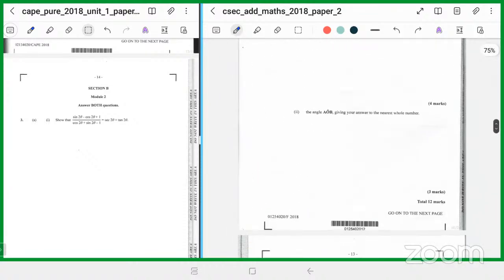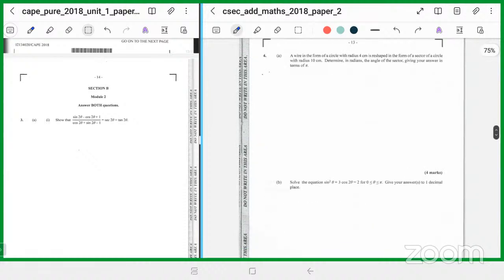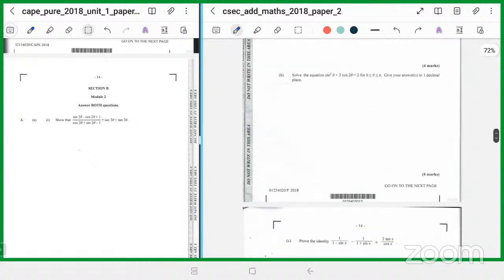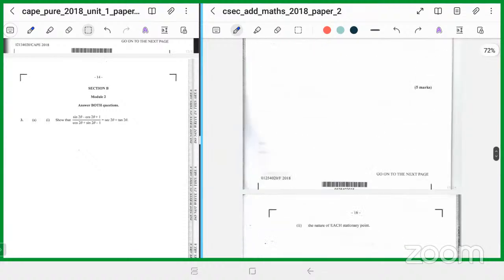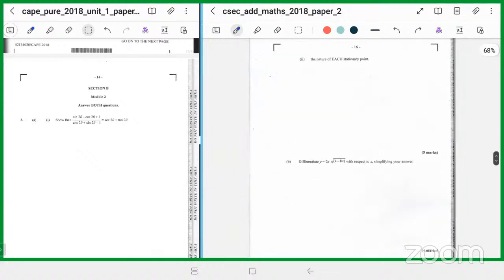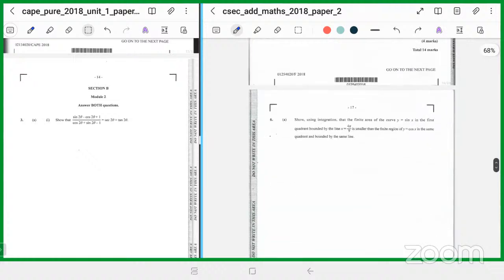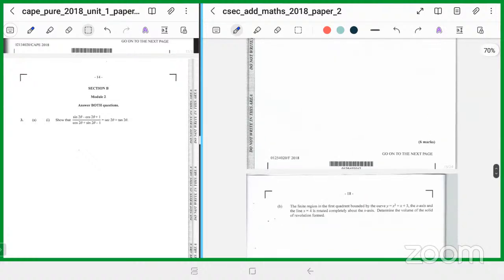All right, I think that's it. Yeah, that's it. There's none on this paper. The logs on this paper is more a linear reduction question. All right. Understand?